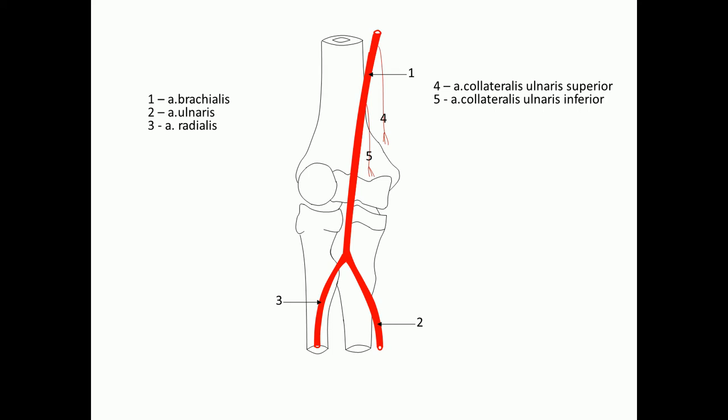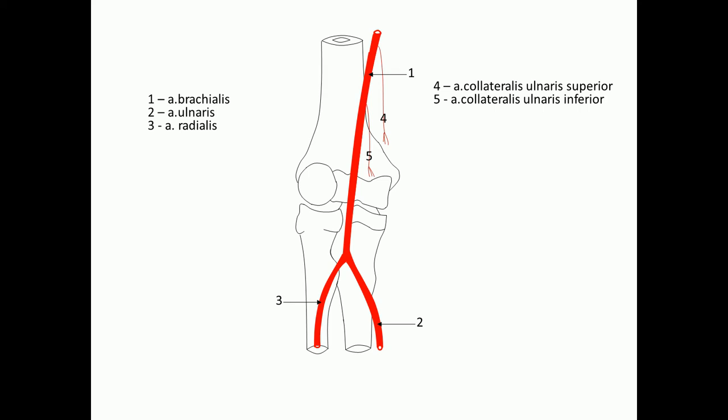How can we distinguish them in a specimen? First of all, the main rule: arteria collateralis ulnaris superior goes posteriorly to the medial epicondylus, and arteria collateralis ulnaris inferior goes anteriorly to the medial epicondylus.